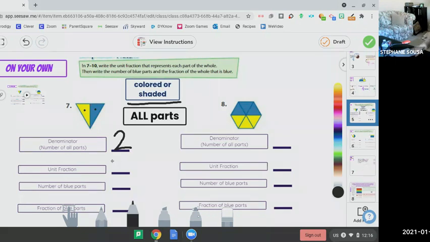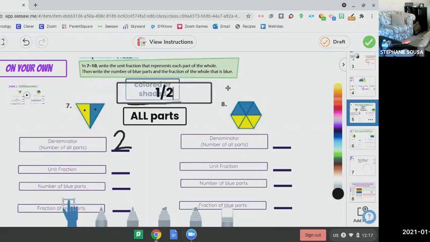Unit fraction, according to my notes, that is the name of one part. It says fraction. A lot of you put a 1. That's not a fraction. You need a fraction called 1/2, because one part of this picture is 1/2.